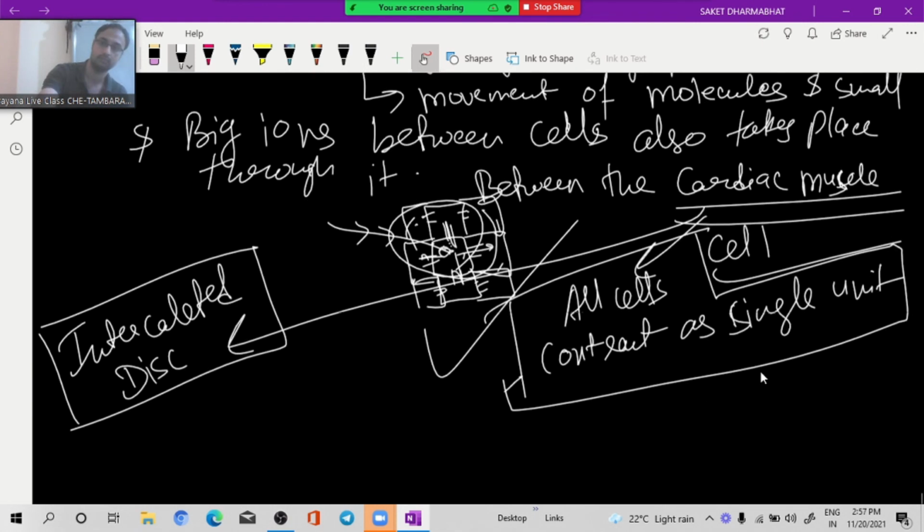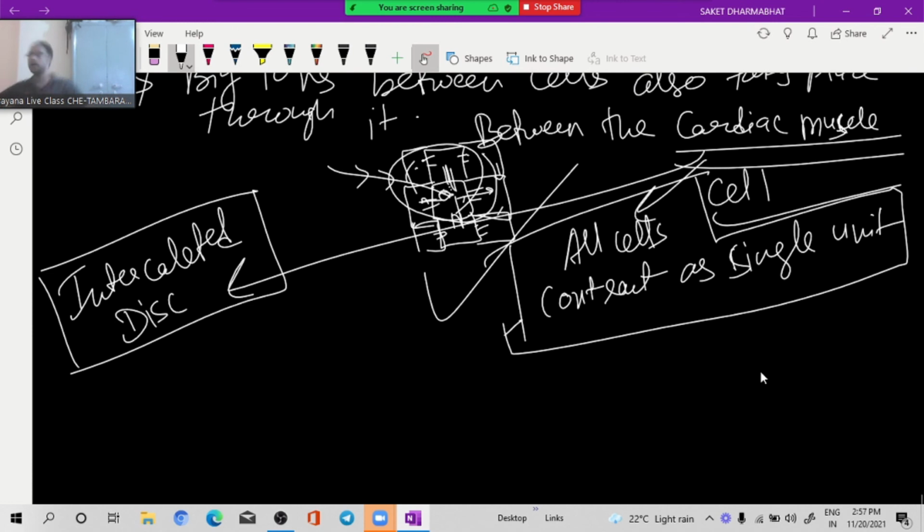Keep in mind. Understood? And this is also called what? Syncytium. Syncytium means if one cell is receiving the electric current to contract, the other cells which are in contact with that cell will all contract as a single unit. Clear or not? Yes, sir. That is the thing.